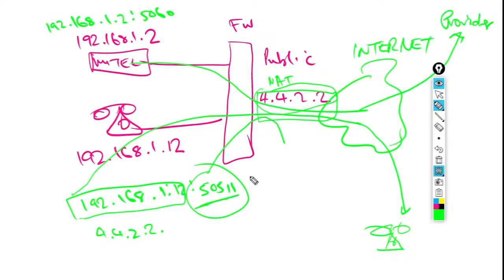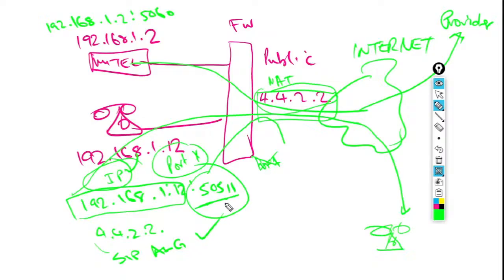But the way NAT works, it wants to change this and assign its own port number, so that it can tell that this is the traffic that has come from this source. But we don't want this to happen. We want only the IP part to be changed, and we don't want the port part to be changed. So this is where we want the help of SIP ALG. So we want ALG to be enabled.